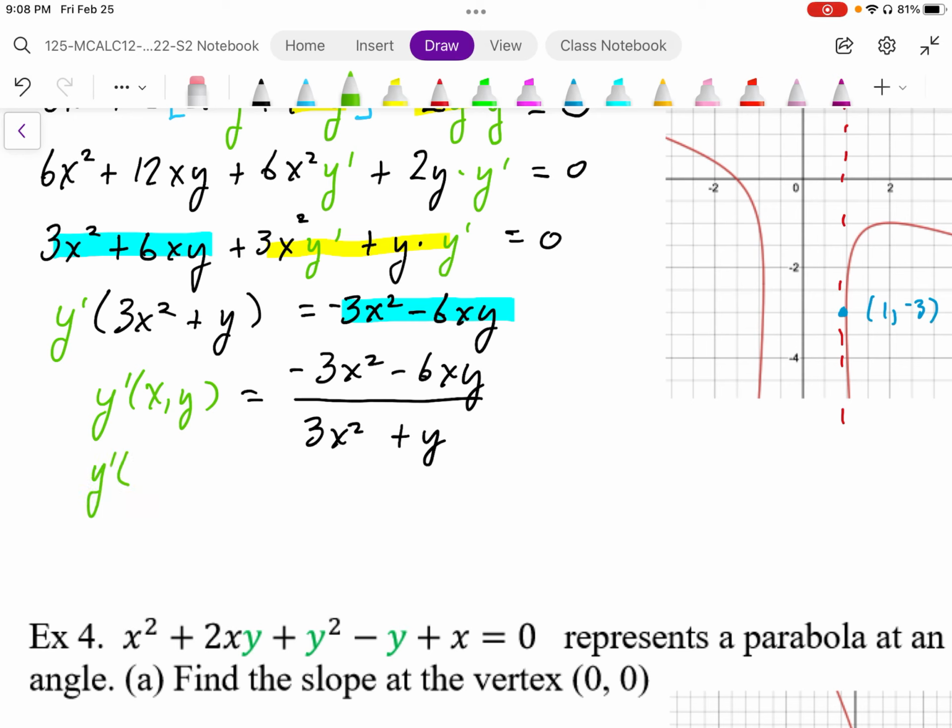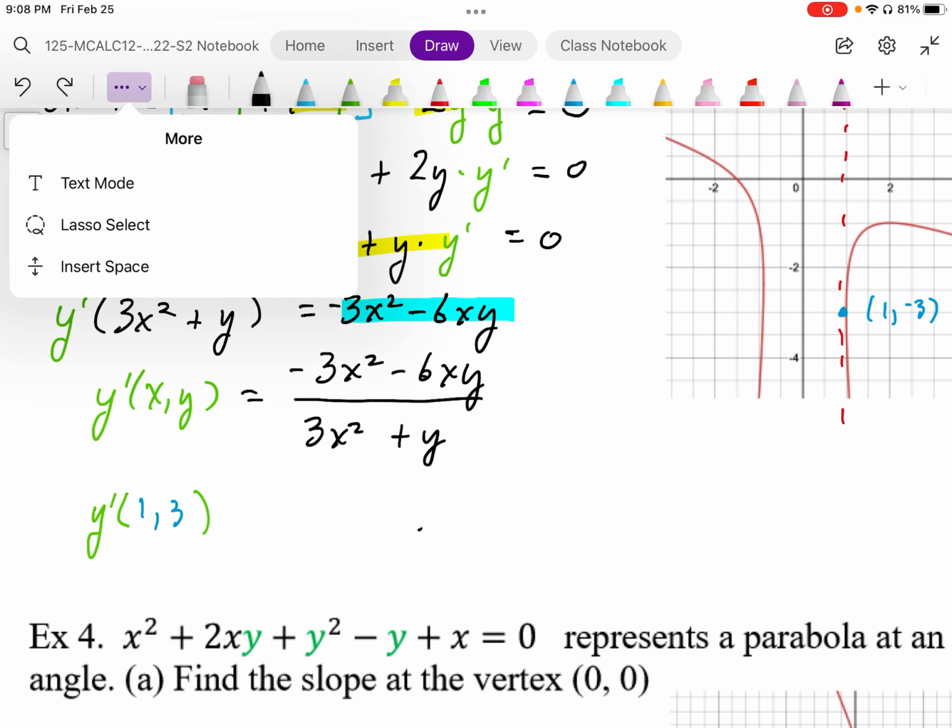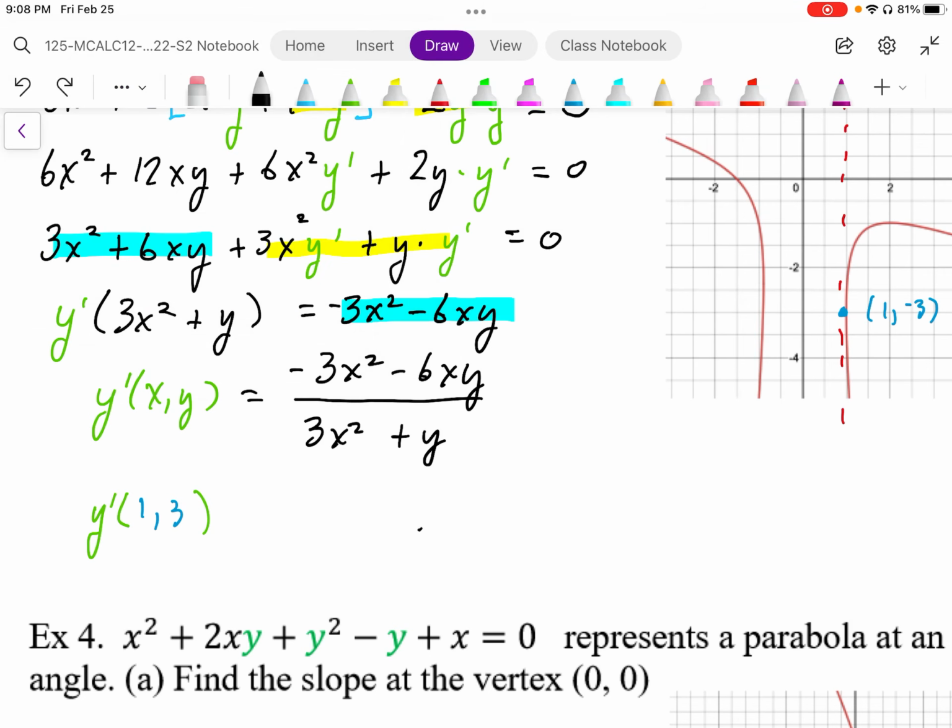y prime at x equals 1, y equals -3. Okay, plugging that into my derivative.